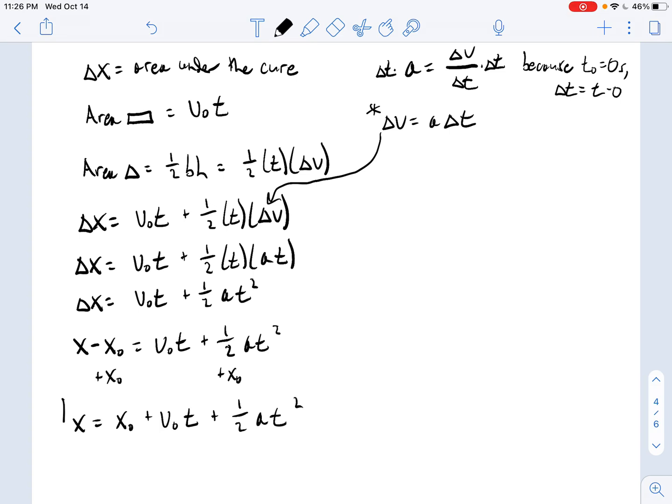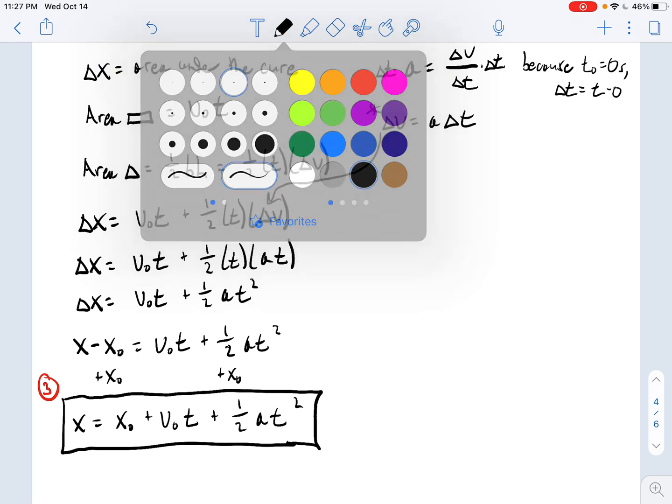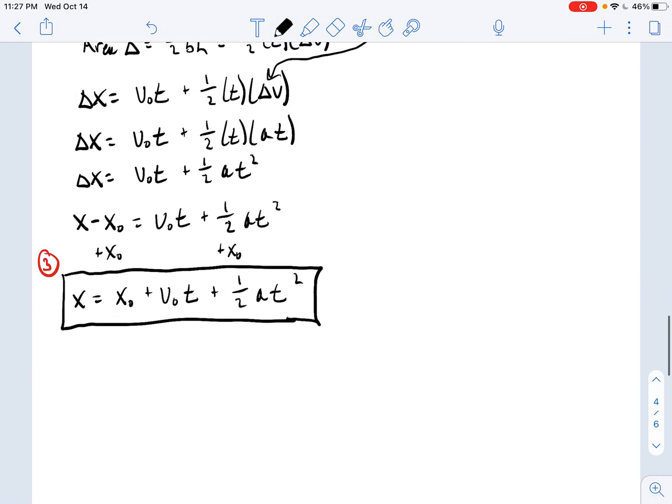So this is going to be our third and final kinematic equation that we're going to be making use of over the next few days. So what we have here is, we'll say that our final position is going to be x. Our x sub 0 is going to be our initial position.